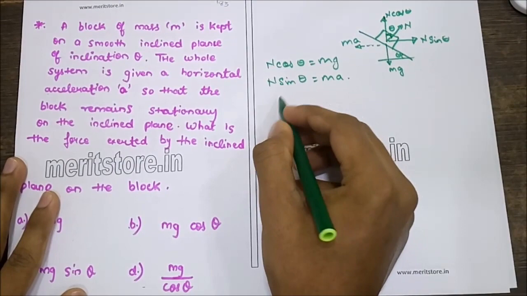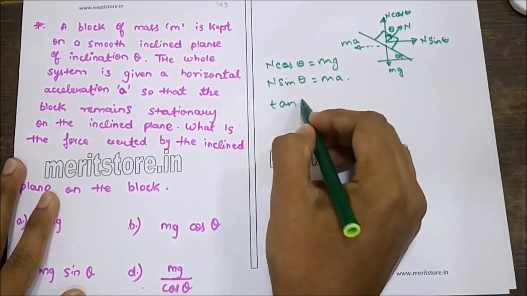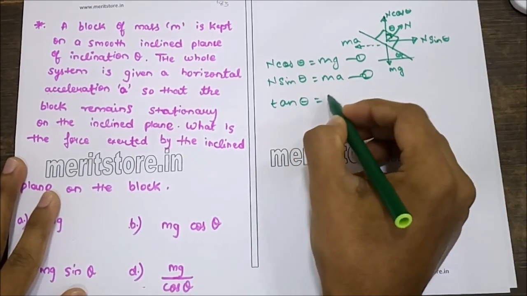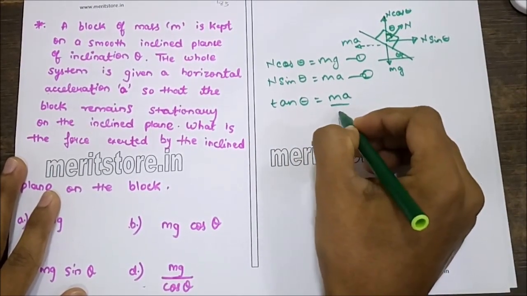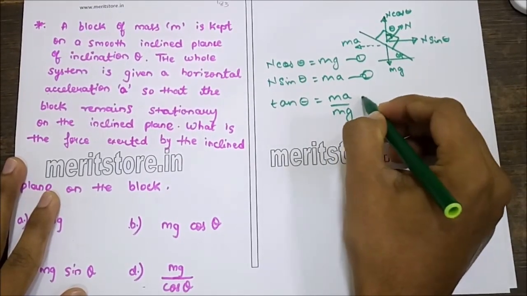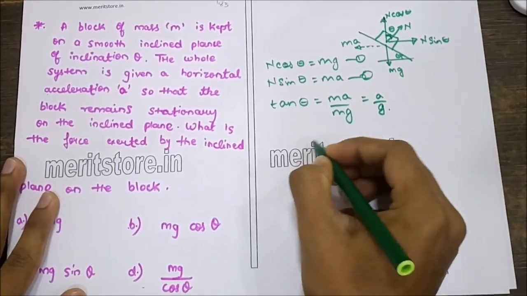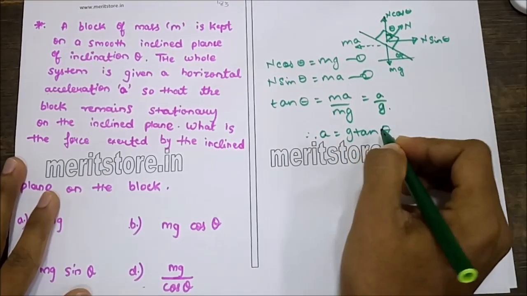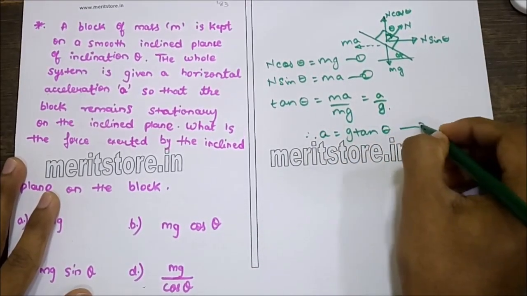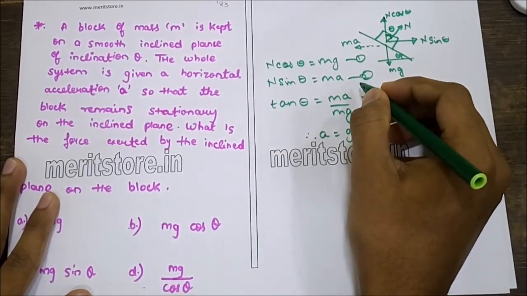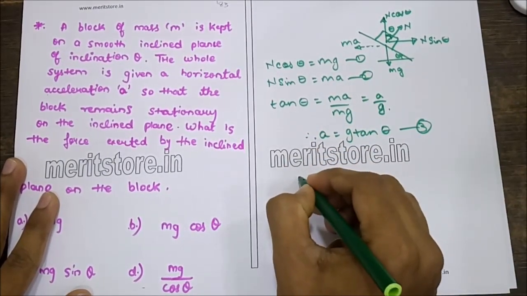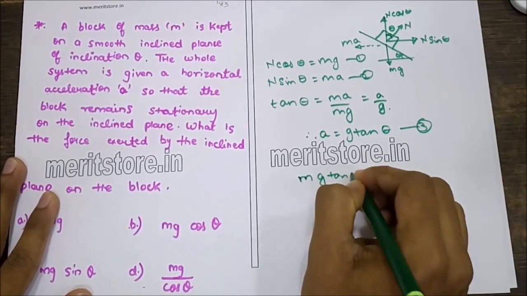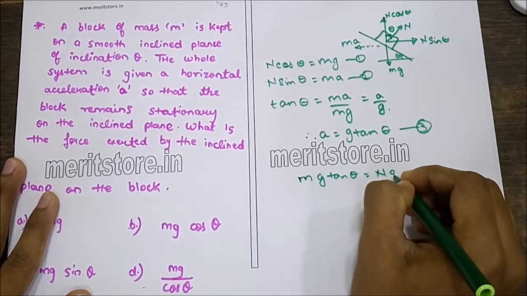Therefore, dividing equation 2 by 1, we get tan theta is equal to ma by mg, that is equal to a by g. Therefore, a is equal to g tan theta. Now, using this equation number 3 in equation number 2, we get m g tan theta is equal to N sin theta.